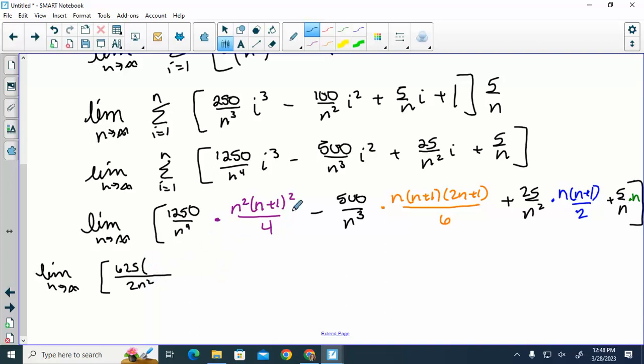And then I have to FOIL this n plus 1 squared. Let's see, I can cancel this 1 in here, 500 over 6, 250 over 3n squared, and FOIL.